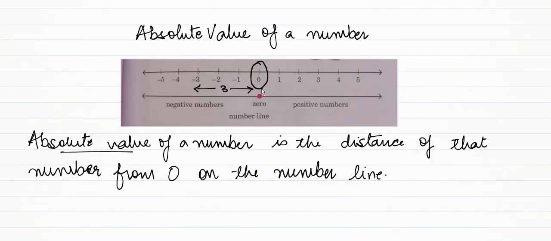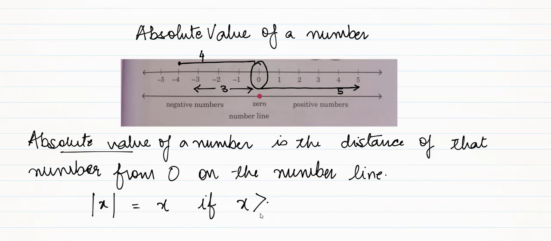And if I move from 0 to 5, how much distance did I travel? 5. If I move from 0 to minus 4, how much distance did I travel? 4. So we can conclude the definition of absolute value, which is represented by the bar sign here. Absolute of x will be equal to x if x is greater than or equal to 0.